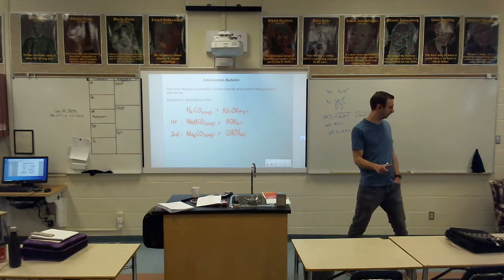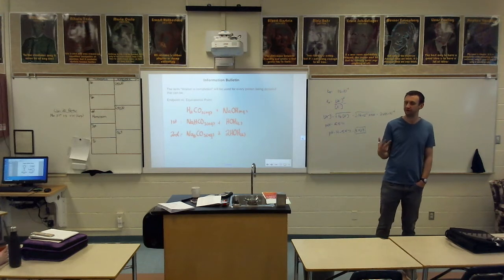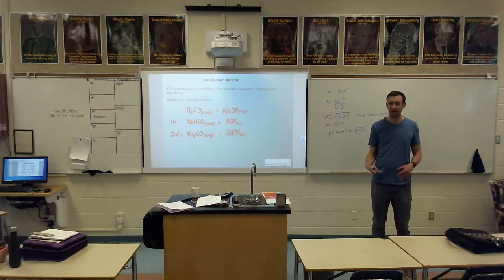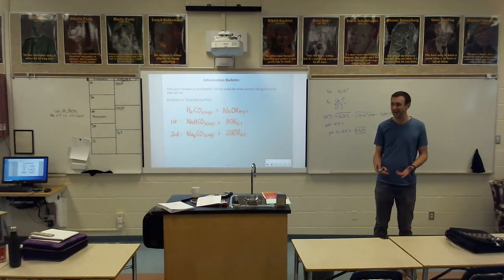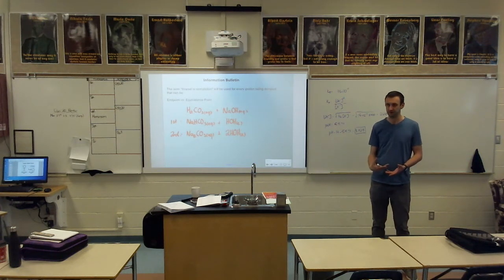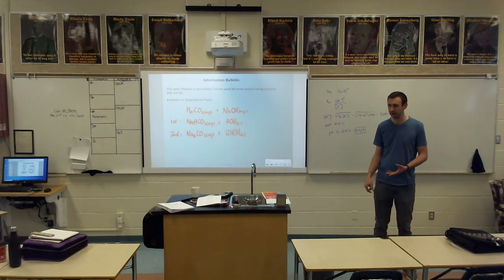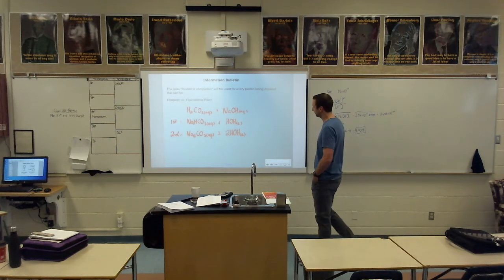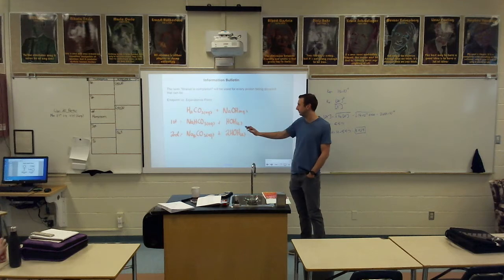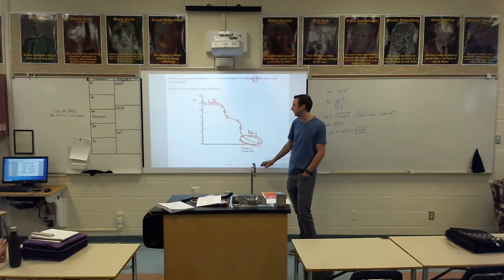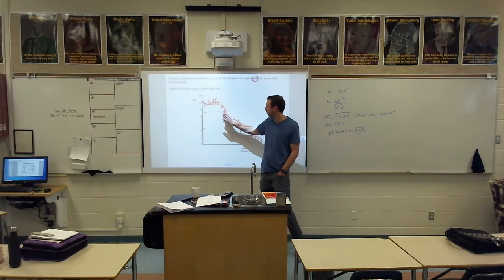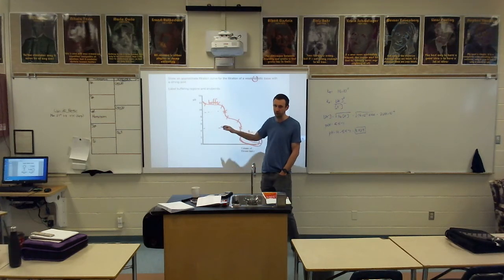Equivalence point versus endpoint. Equivalence point is theoretical. Endpoint is empirical. So for the endpoint, that has to do with an indicator. Okay, indicator changing color. Well, the equivalence point comes from kind of math or my titration pH graph of understanding that the inflection point, this point right here, that's the equivalence point.